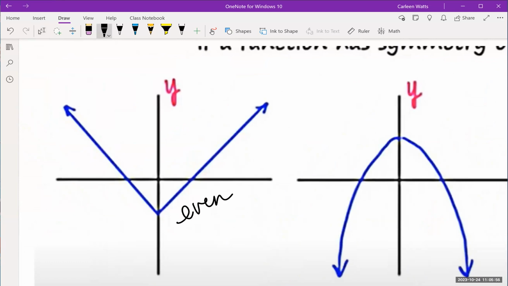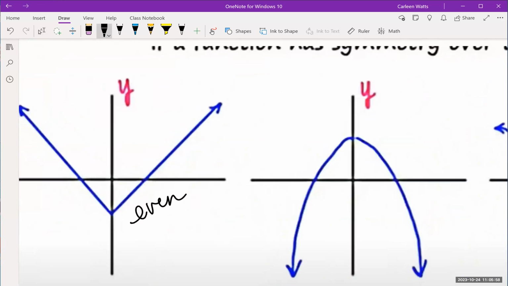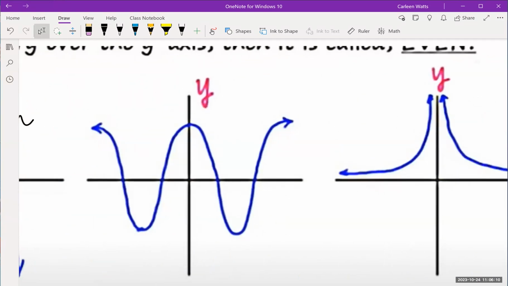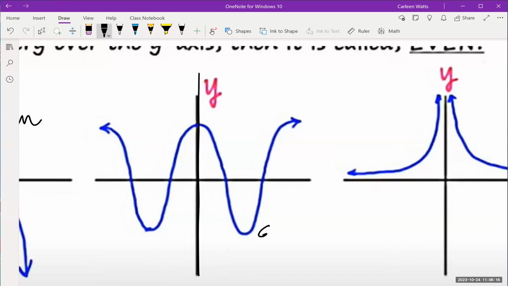You can fold it and they match. Now, it's not just folded anywhere. The fold has to be the y-axis. Can you see that we could fold it right there? So this is even. These are all examples of even.